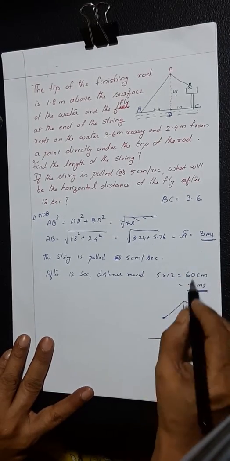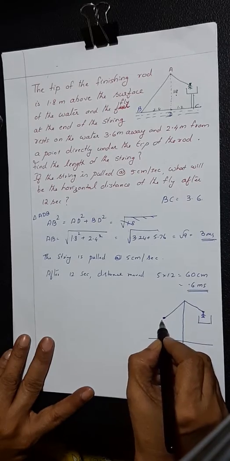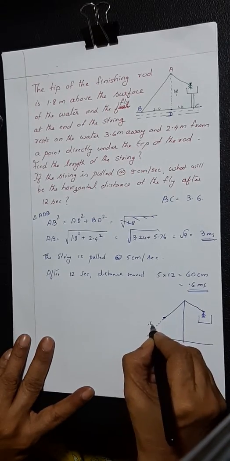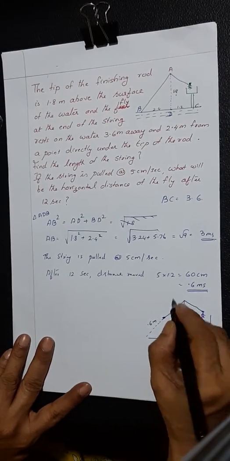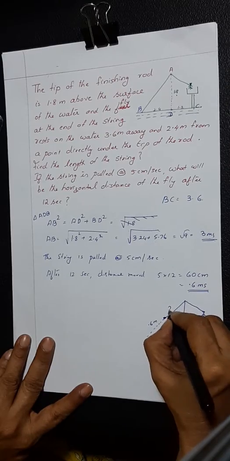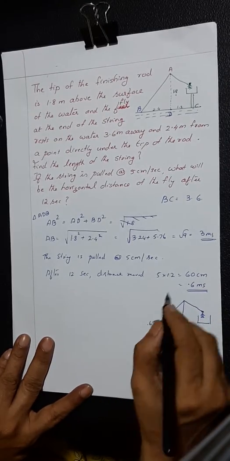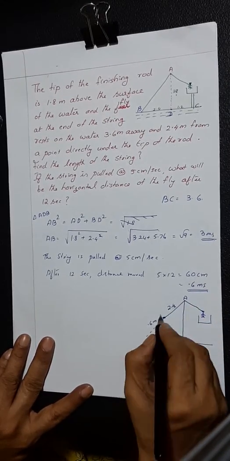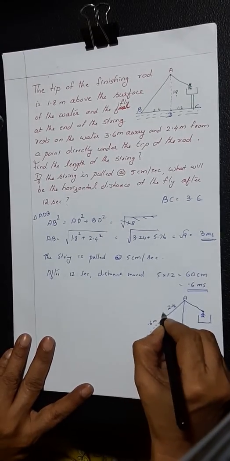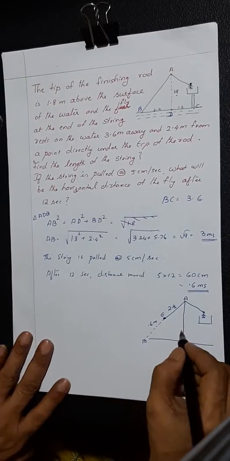The total length is 3, and from here to here is 0.6 meters. So let us write this point as A, this point as B, and this AE.